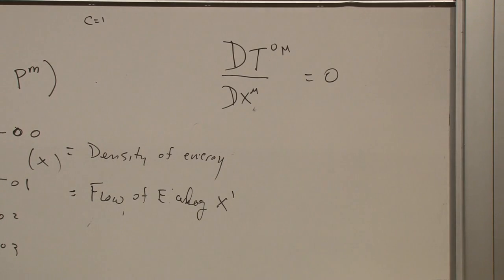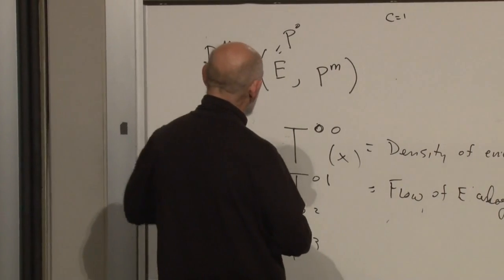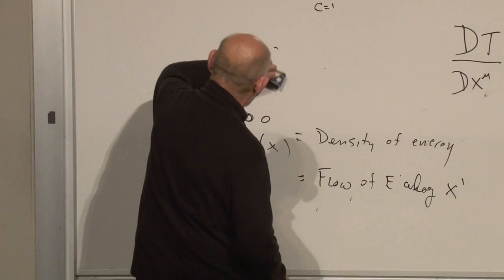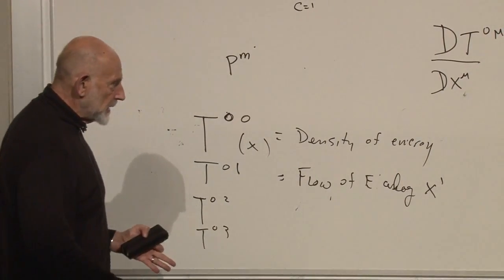But everything that I said about energy, we could now say for any one of the components of the momentum. So let's go to the components of the momentum now. Let's say the component Pm. The component Pm also has a density.